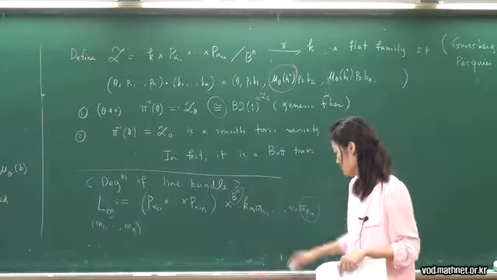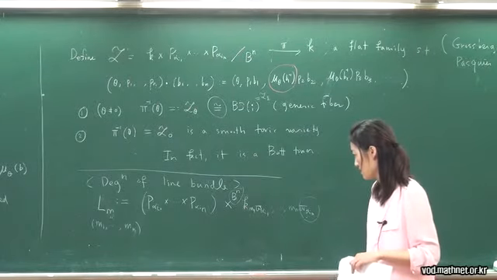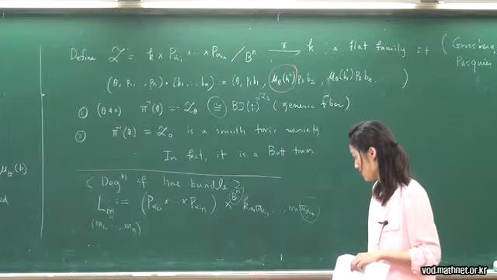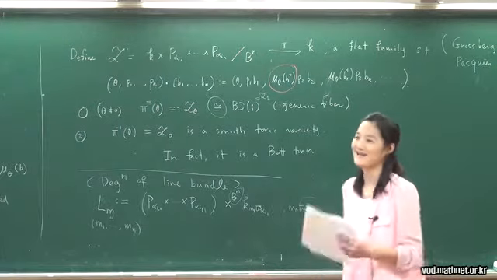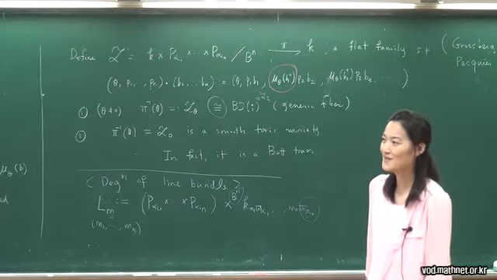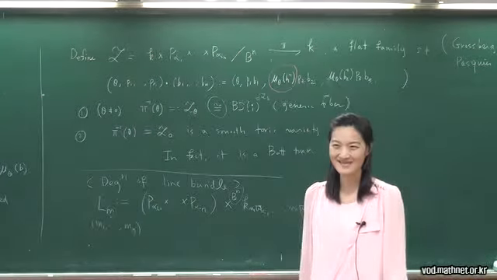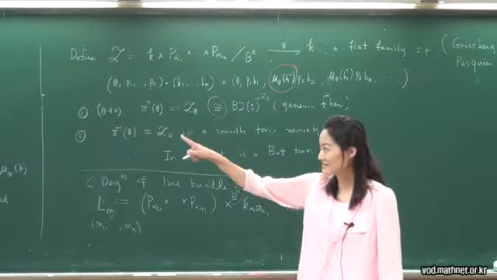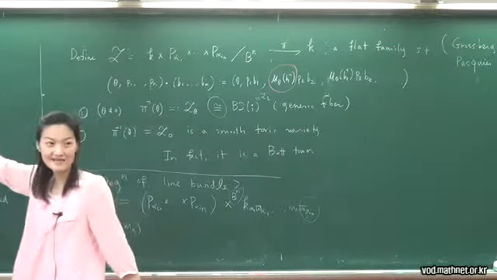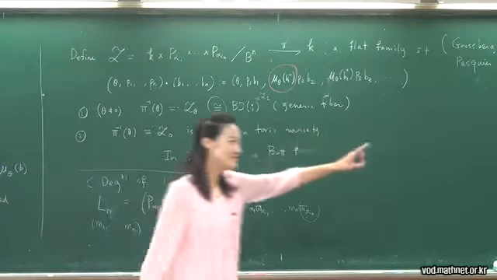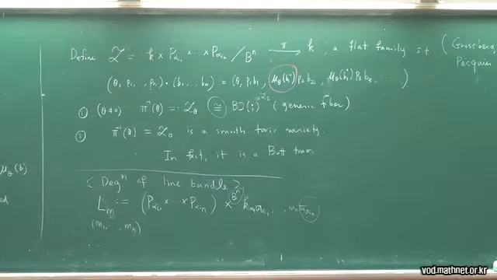And B_1 acts by this character. You are restricting B_n to the Cartan subgroup, and then every character on the Cartan subgroup H can be extended to a character on the Borel group. If you have an upper triangular matrix, you just look at the diagonal matrix.